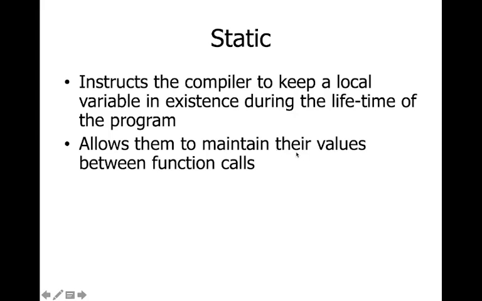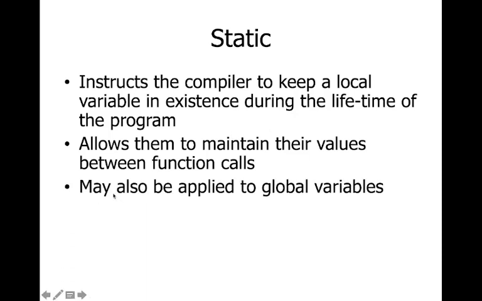It allows them to maintain their values between function calls. If we have declared something as a static variable, that value stays stationary; when you switch between function calls also, the value changes will be visible all throughout the lifetime of the program. You will understand when we see an example.